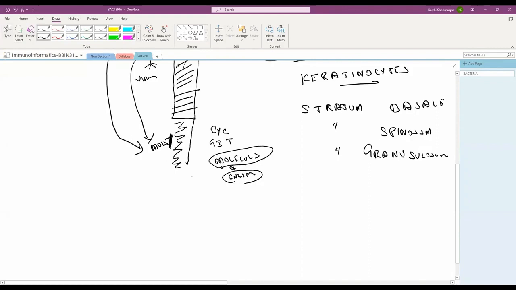Another thing is that the viruses or the bacteria may try to enter via the lung or the pulmonary surfaces. That is also possible.